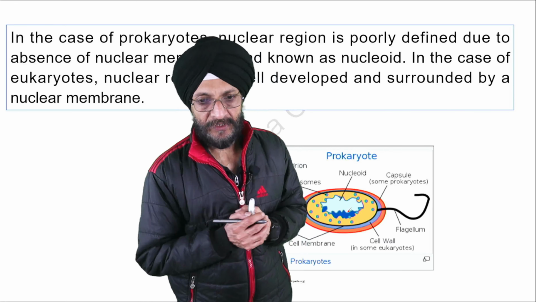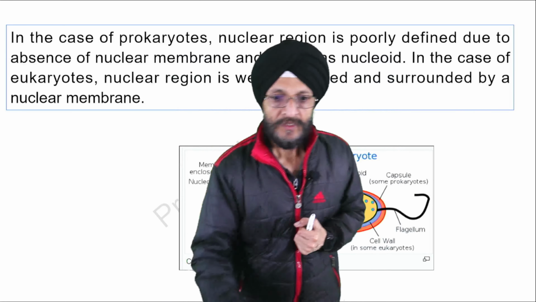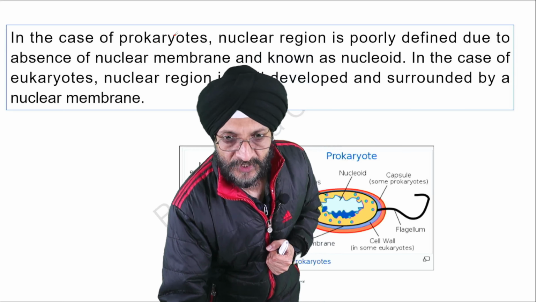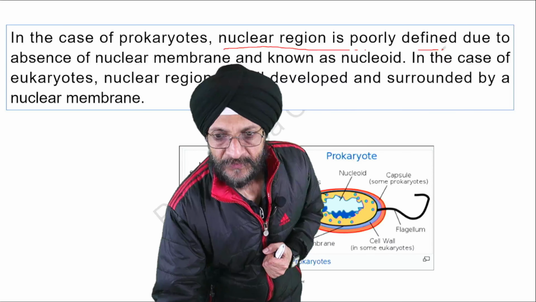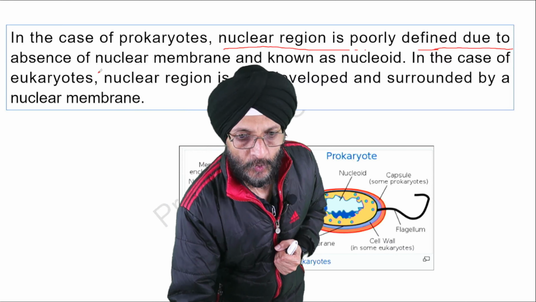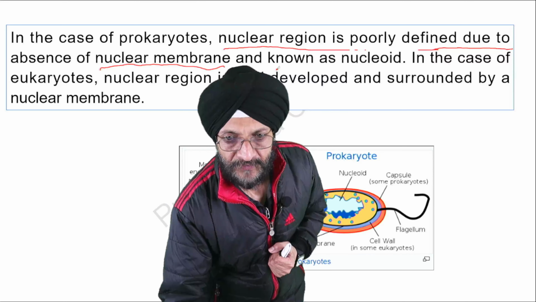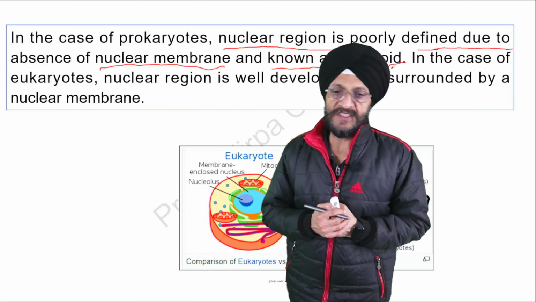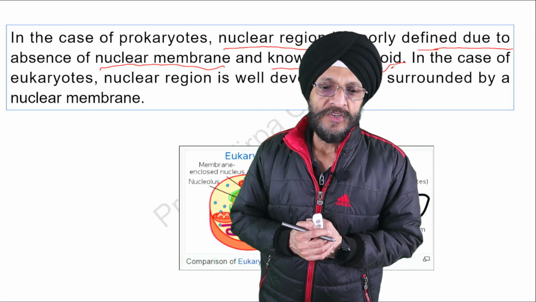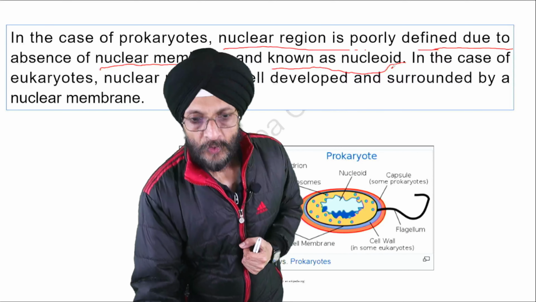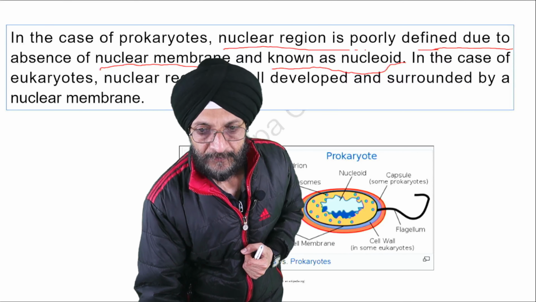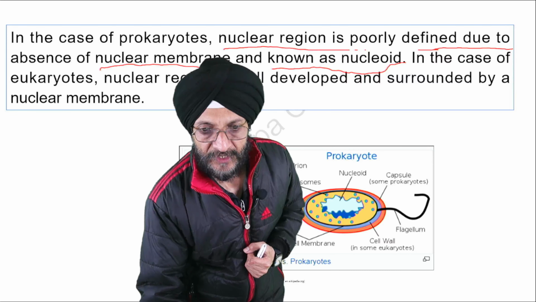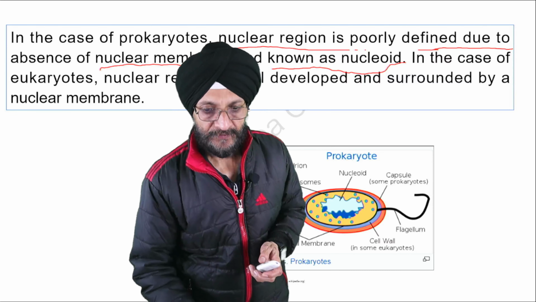In prokaryotes, the nuclear region is poorly defined due to the absence of a nuclear membrane and is known as the nucleoid. Whereas in the case of eukaryotes, the nuclear region is well defined and surrounded by a nuclear membrane.